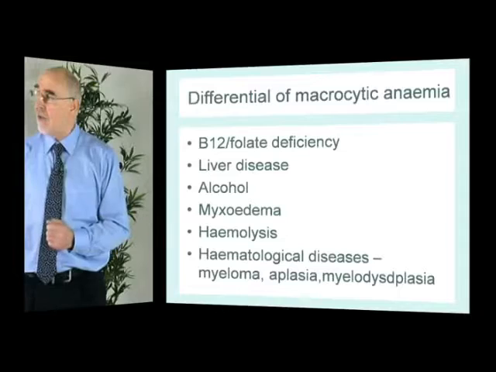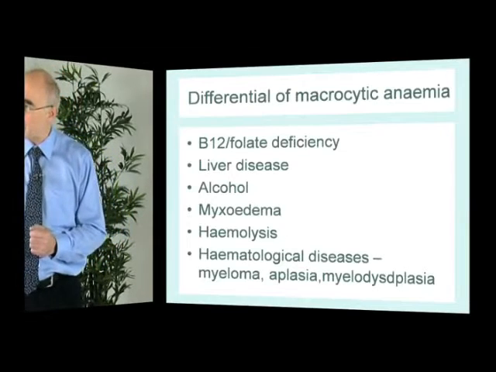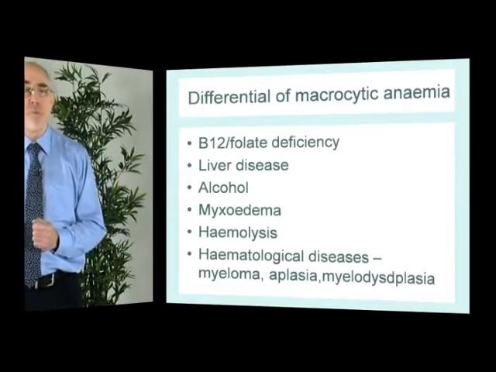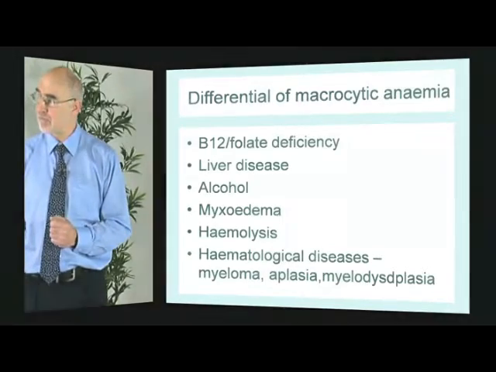You can get modest neutropenia and thrombocytopenia in megaloblastic anemia, but not bad enough to give you thrombocytopenic bleeding or neutropenic infection. And then there is a group of disorders characterized by dysplastic changes in the blood, the myelodysplasias.